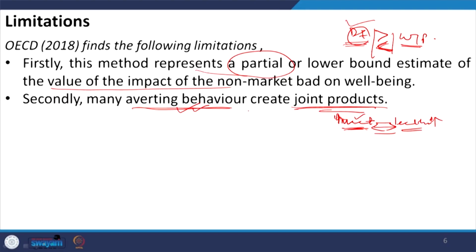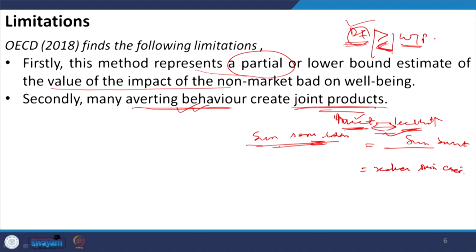when the averting behavior, just like you are using sunscreen lotion. Why are you using this sunscreen lotion? Because you want to avoid the sunburn, you do not want it, right. And its other impact would be what? You can reduce the skin cancer.